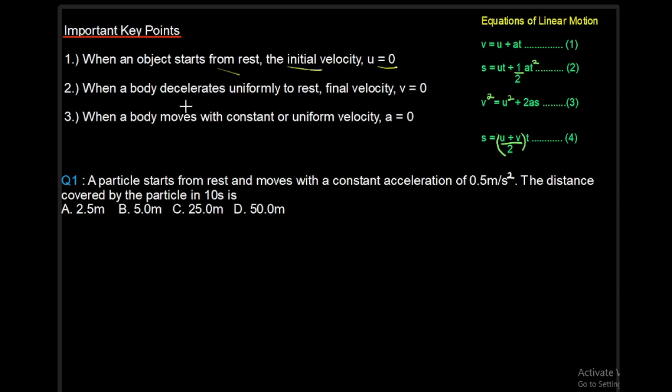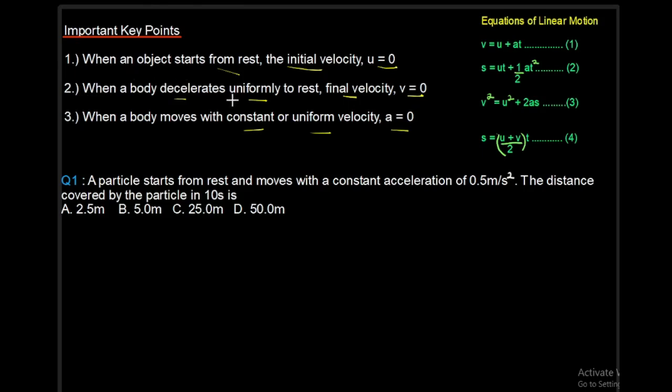Number two, when an object or a body decelerates uniformly to rest, or we can say comes to rest, the final velocity of that body is equal to 0. And number three, when a body moves with constant or uniform velocity, the acceleration of that body is equal to 0.